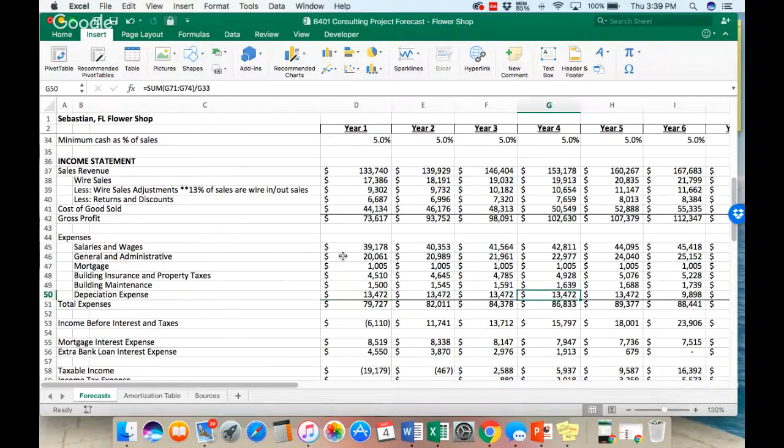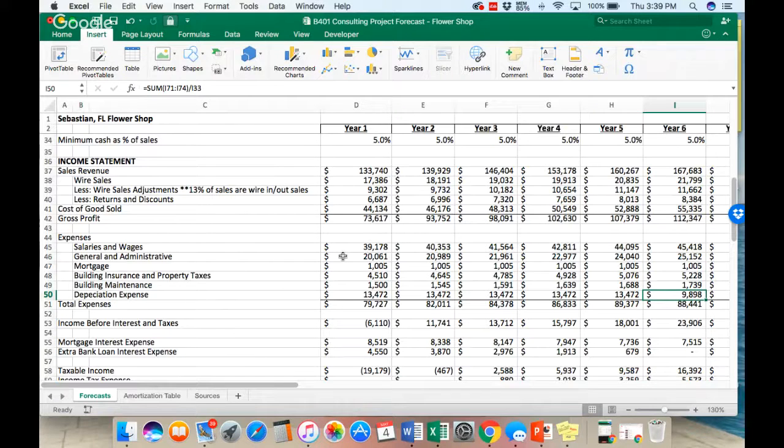So at the end of year 5, we calculated that the depreciation on the vehicle would be done, and so we needed to go back and recalculate the depreciation years without including that 5-year total for the vehicle.